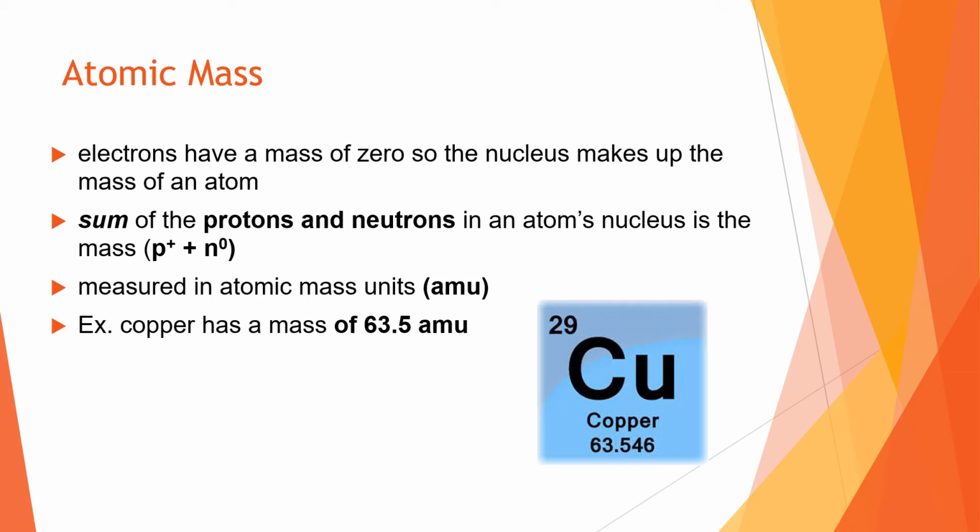So if you have 10 protons, that's 10 AMUs, and if you have 11 neutrons, that's 11 AMUs. So you would add those two together, 10 plus 11, and you would say that it has a mass of 21. Okay? It's measured in AMU.